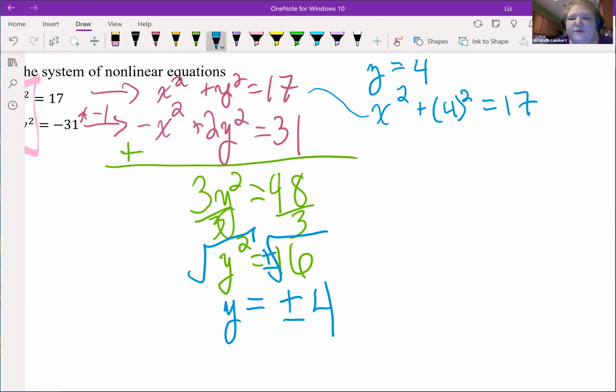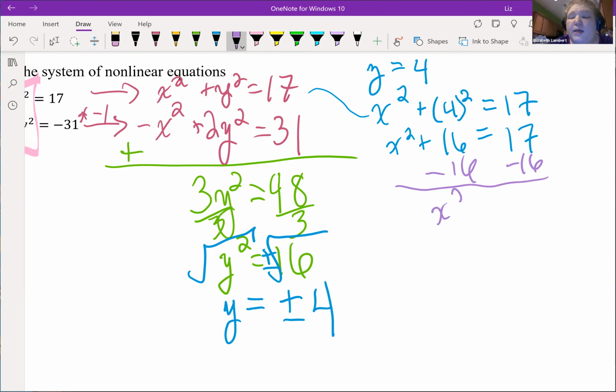I'm going to square the 4 first, so it's 16. And we minus the 16 over. We get x squared is equal to 1. Lovely, another square rootable number. And then square root to both sides. We're putting it in so it gets a plus or minus. So x is plus or minus 1.